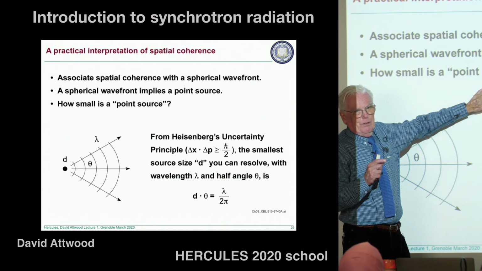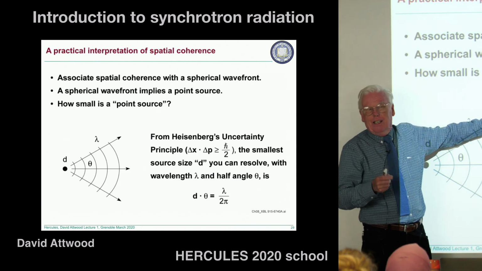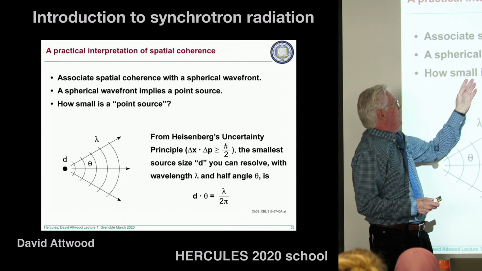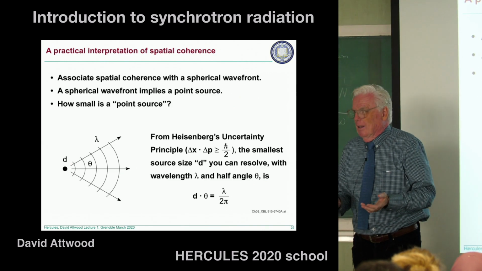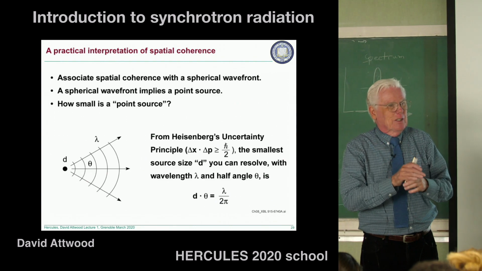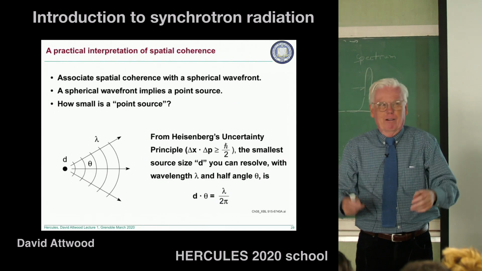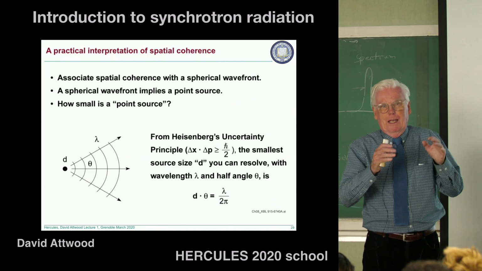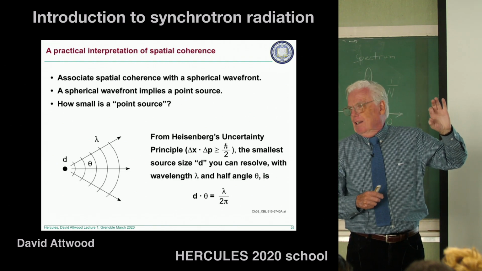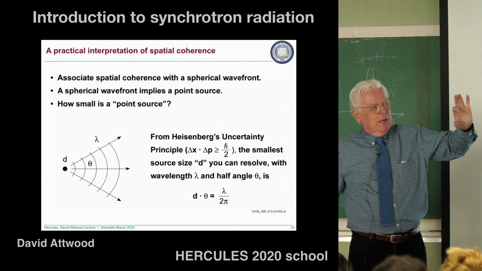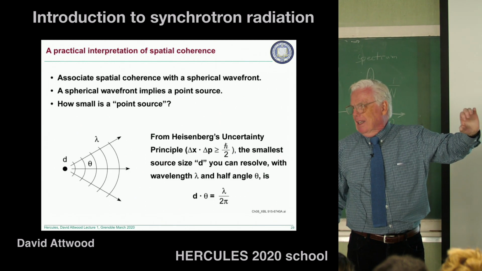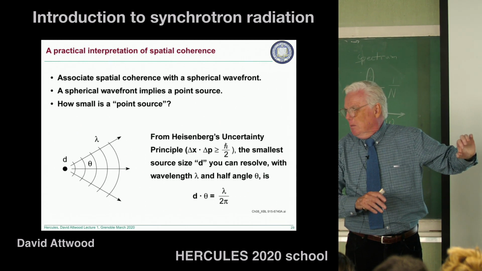So now we just have to figure out, for the wavelength of radiation we have, how small is a point source? Okay? So if we're talking about microwaves, microwave ovens or something, and we want to do an experiment with coherent microwaves, we'll probably have to put a small aperture in front of our microwave oven and then let the microwaves come out. But we could take a guess at how big that aperture would have to be, right?